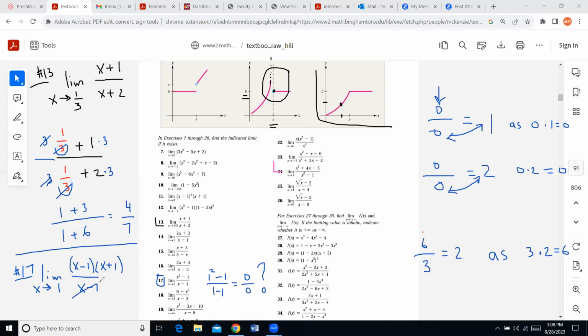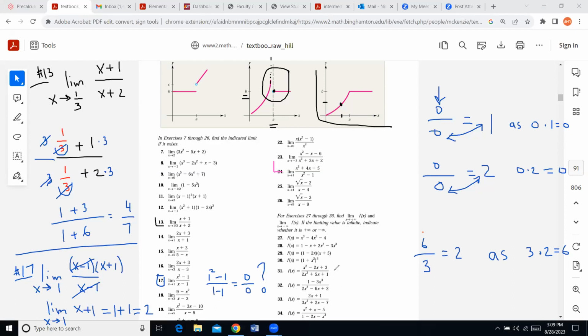Because this way, x minus 1 will disappear, and all I have to find a limit of will be x plus 1. You see what happens? I find the limit of x that approaches 1, and since x approaches 1, I just plug 1 in and I see it's 2. How would you like that? It's not 1, it's 2 for this particular exercise.